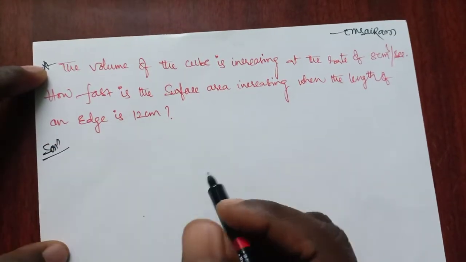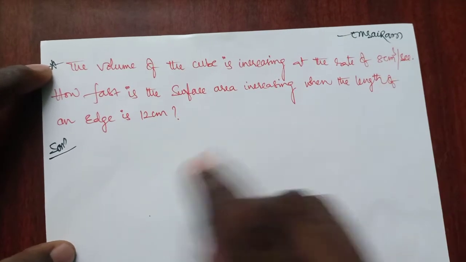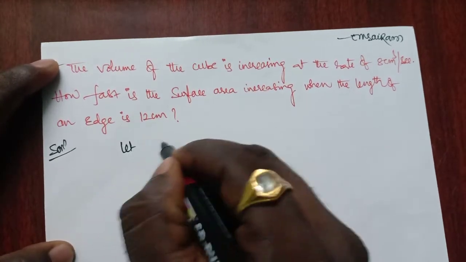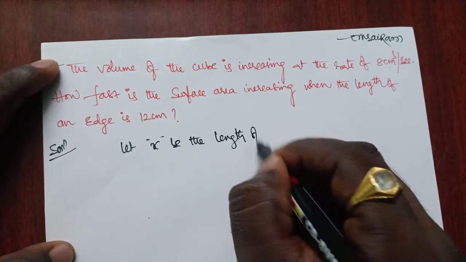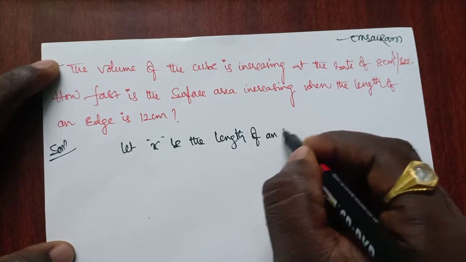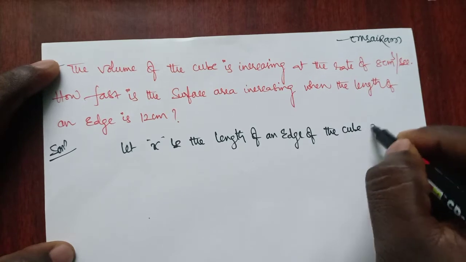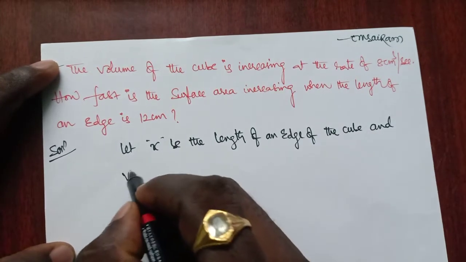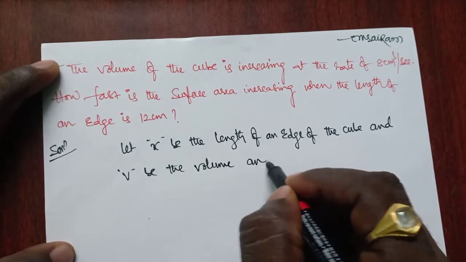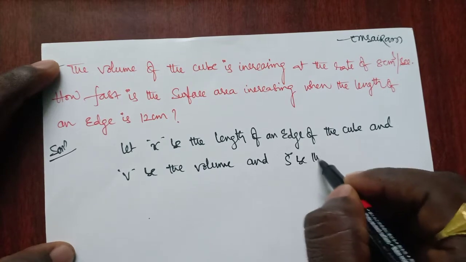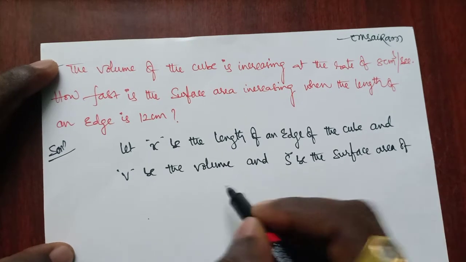See, clearly he has given the rate of change in the volume of a cube is 8 cm³ per second. First of all, let x be the length of an edge of the cube, v be the volume, and s be the surface area of the cube.